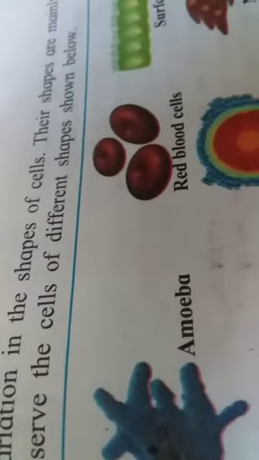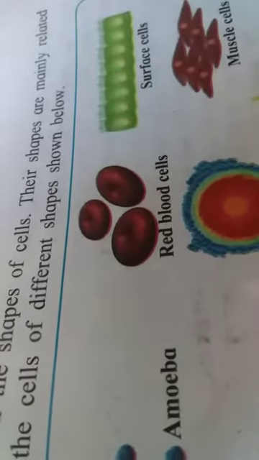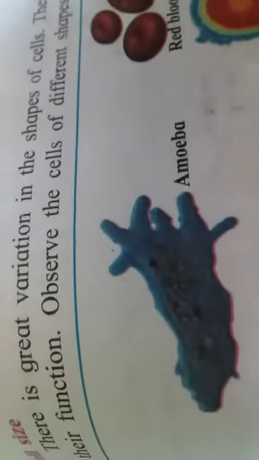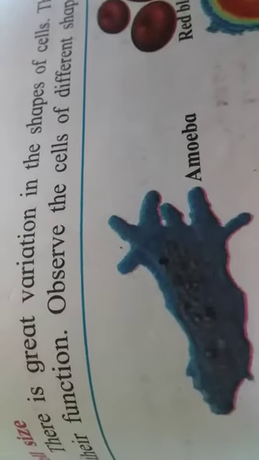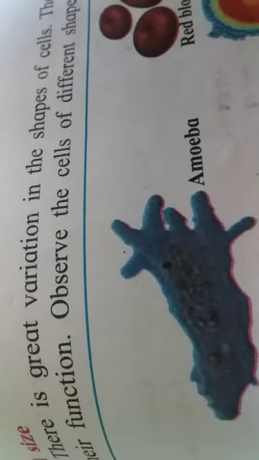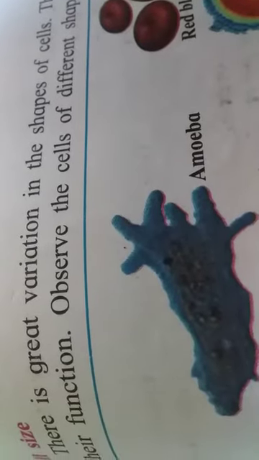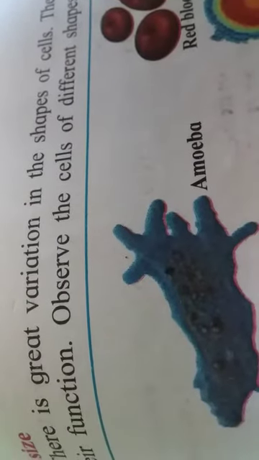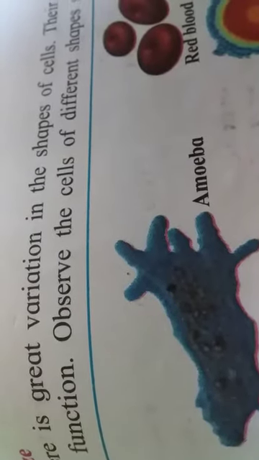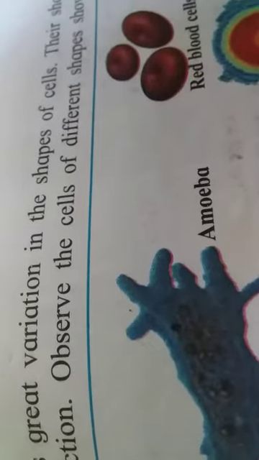Their shapes are mainly related with their functions. Whatever the shapes and sizes of the cells are there, they have their own shapes and sizes, and according to their shapes and sizes they are working.